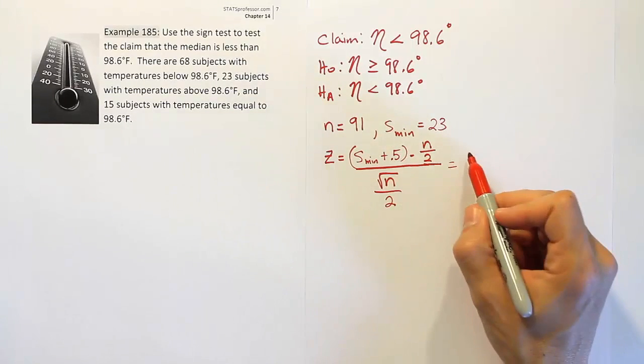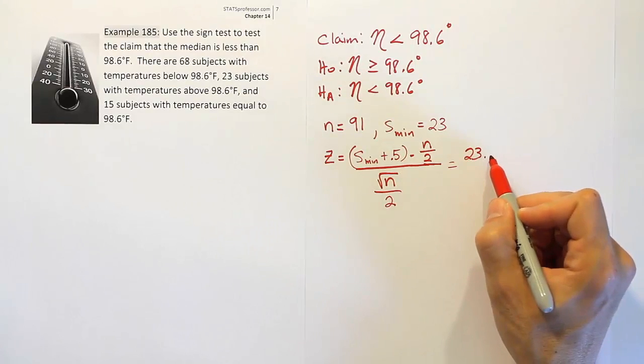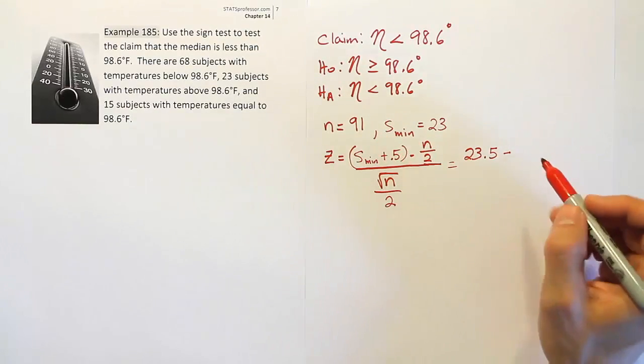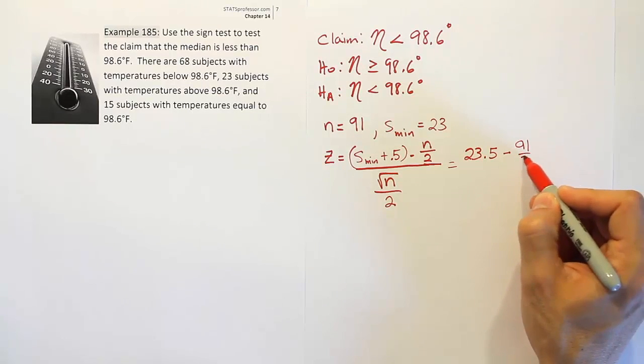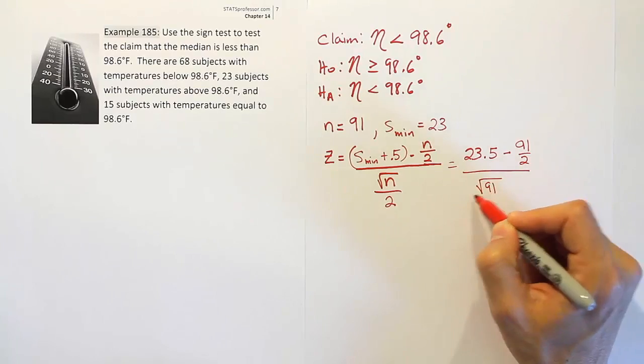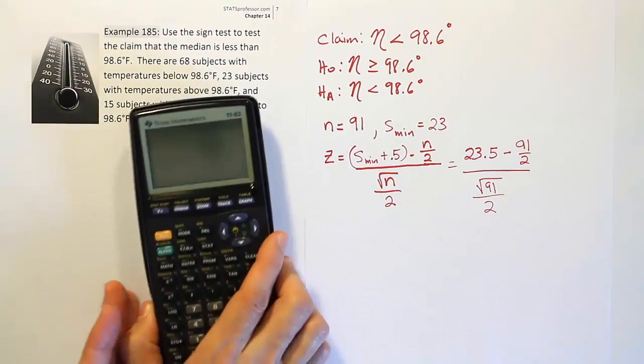S min is 23. It'll be 23 plus 0.5, so I'll just say 23.5, minus the n, which is 91 over 2, and then divided by the square root of 91 over 2. So that's going to be your test stat formula, right? Okay, so let's do that quickly.